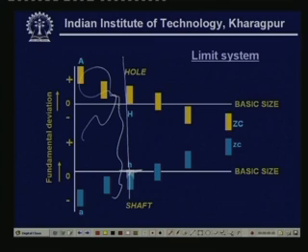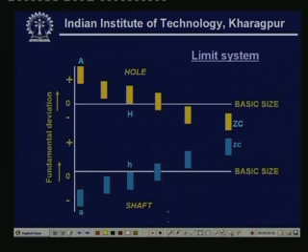So, there will be a very good clearance fit. However, once again I should mention this particular zone of the H, if it is exactly like that, we sometimes use the word snug fit. So, this is the zone if we consider all the H zone.